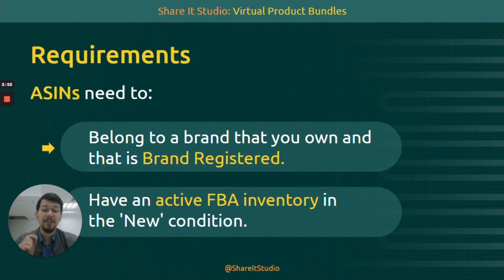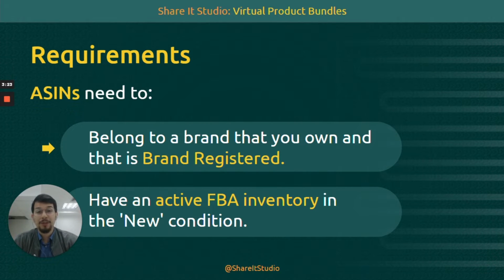Now, aside from that, you need to have an active FBA inventory in the new condition. Why is this? It's kind of related to the next point, because if you don't have new inventory but renewed or used, you won't be able to make the virtual bundle at all. You won't even have the option to include that renewed or used product in your bundle.